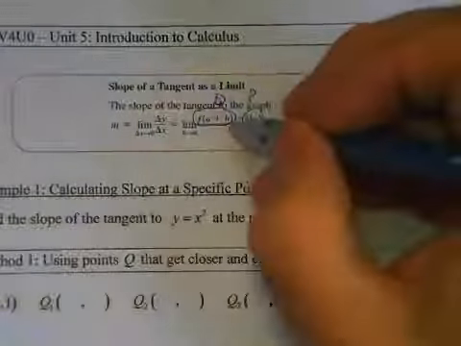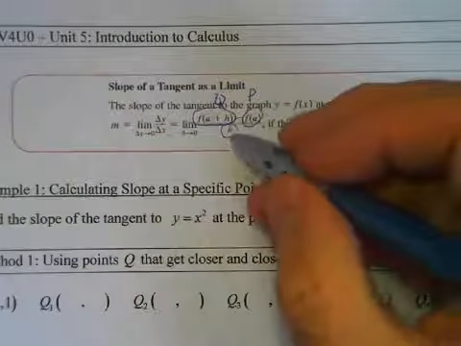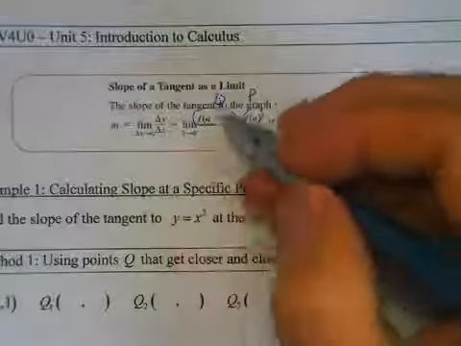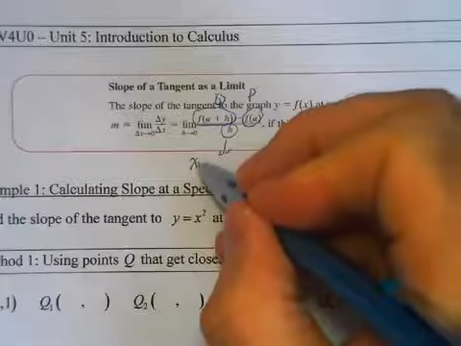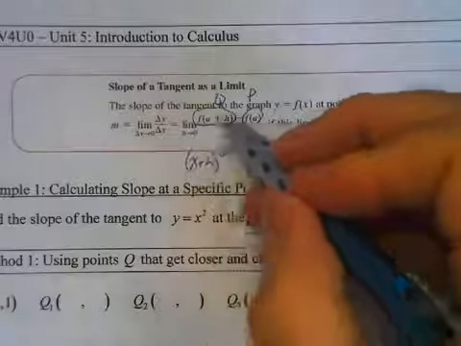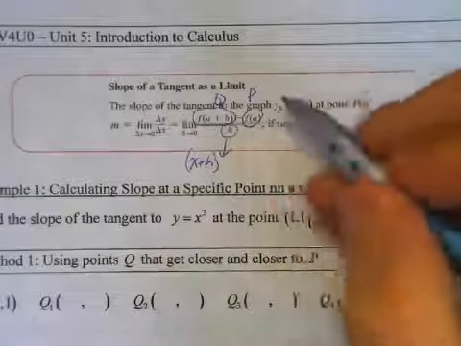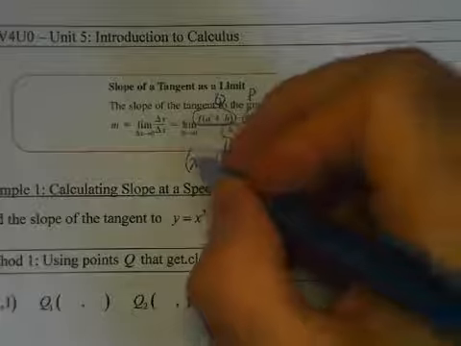So this can be a little confusing at first, but the x coordinate of Q will be A plus h.